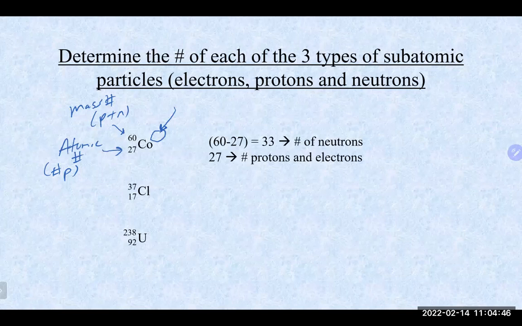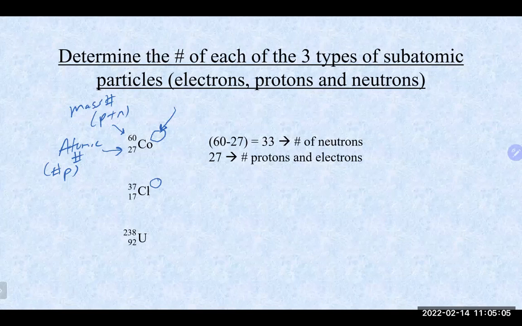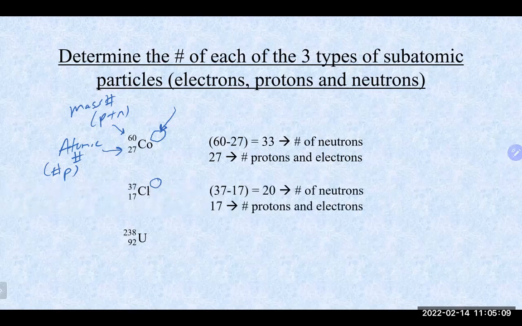Next one is chlorine. Again, looking at the bottom left number, that is our atomic number, which you can find on the periodic table. That tells us it is 17 protons. And to balance that out would be 17 electrons, as there is no charge there. And our neutrons would again be our top number minus our bottom number, which would be 37 minus 17, which looks like 20 for the number of neutrons. And lastly, U is uranium.